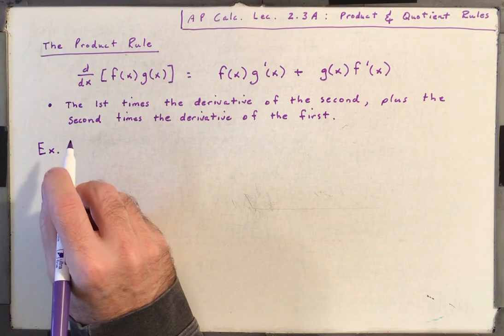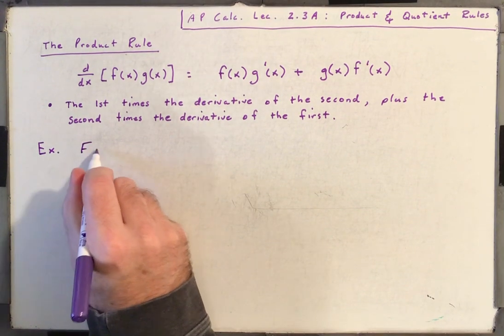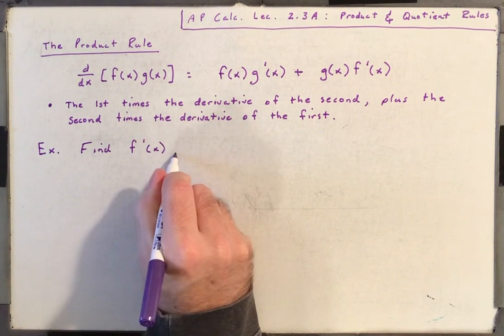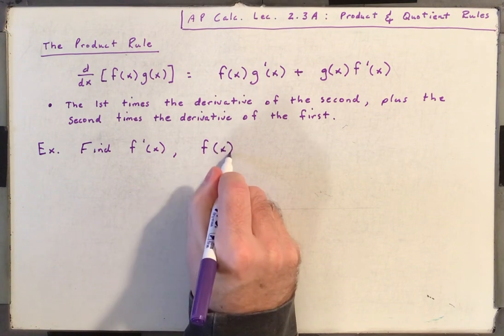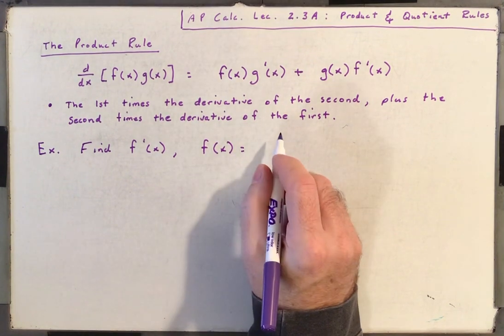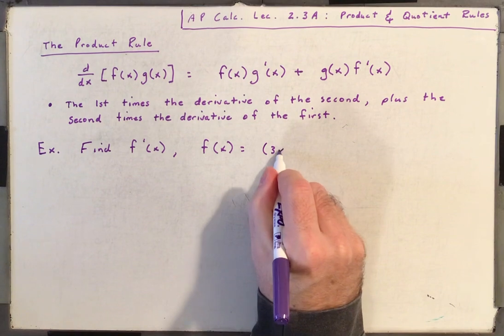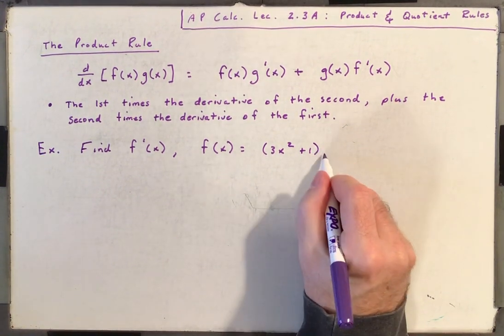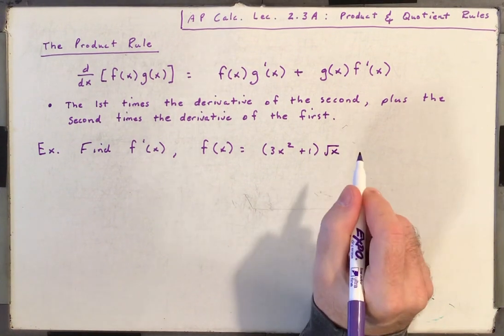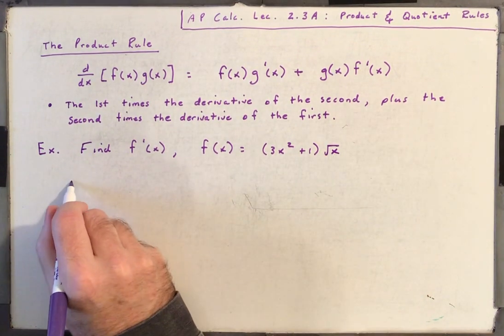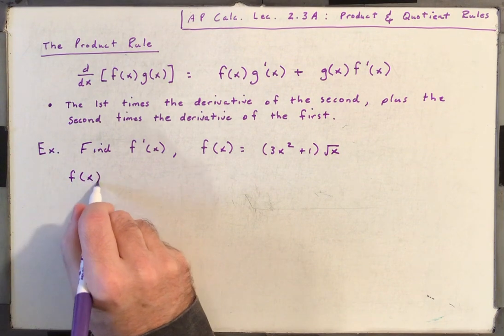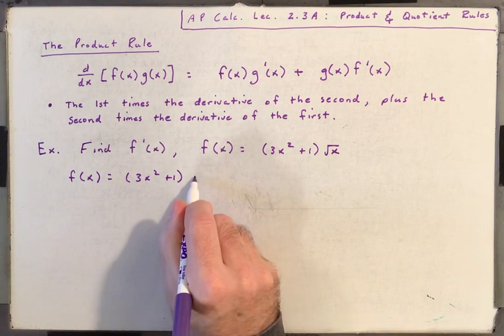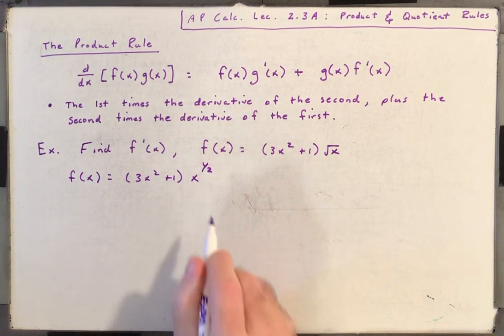Our first example is find the derivative. So let's write that as find f prime of x if f of x is equal to 3x squared plus 1 times the square root of x. Now I'm going to rewrite the square root of x just to make this a little easier. f of x is equal to 3x squared plus 1 times x to the 1/2.